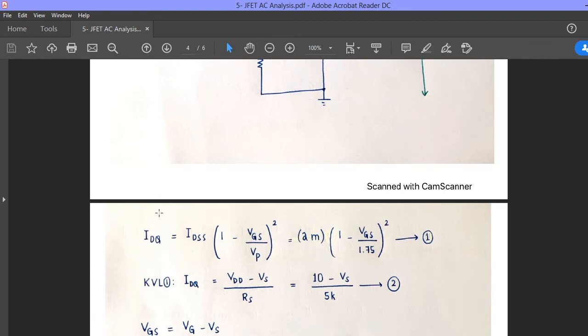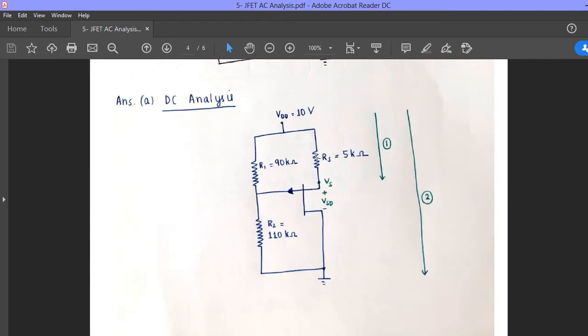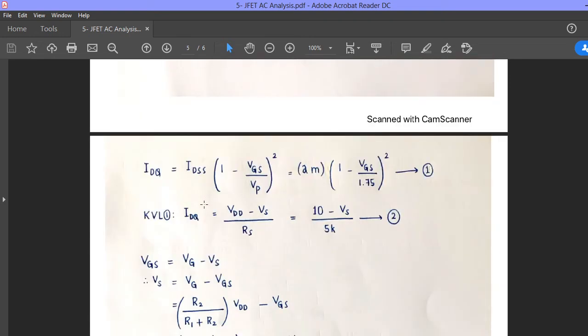This is the basic equation number 1, and IDQ can be written by applying KVL as VDD minus VS by RS. So by putting 10 minus VS by 5K, we got equation 2.